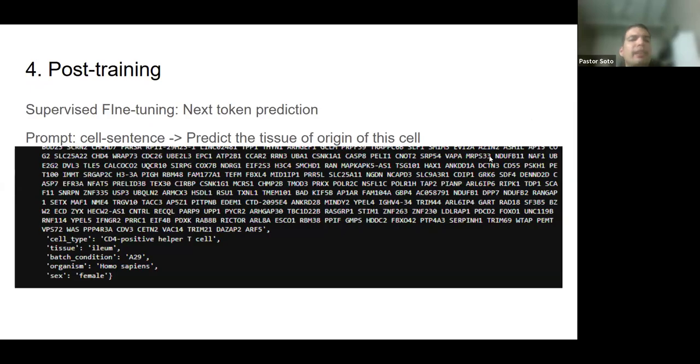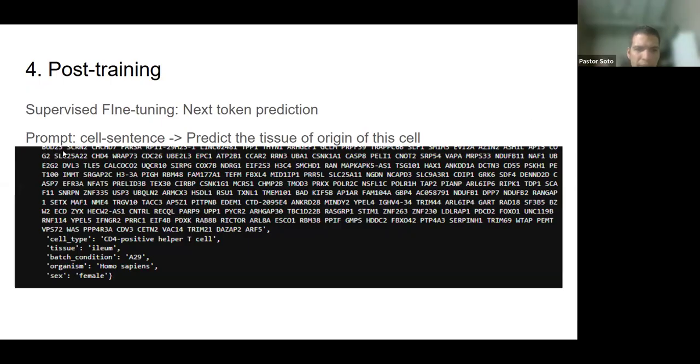Okay, the post-training stage: they use supervised fine-tuning. They use the same objective as the pre-training, which is next token prediction. They have the prompt, which is the cell sentence, and the prediction is the tissue of origin of the cell.